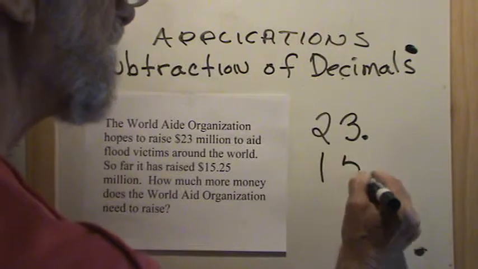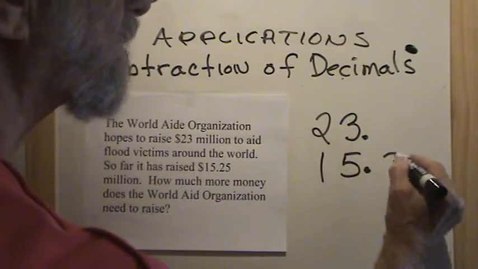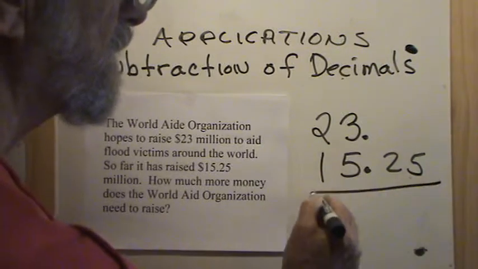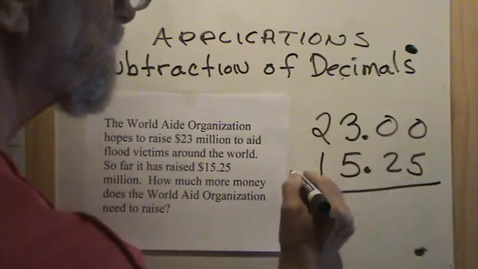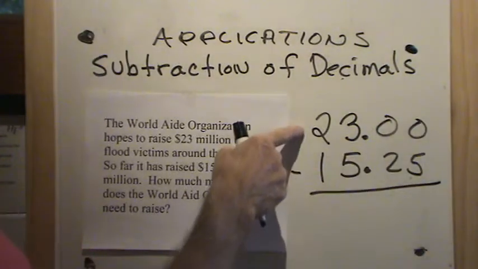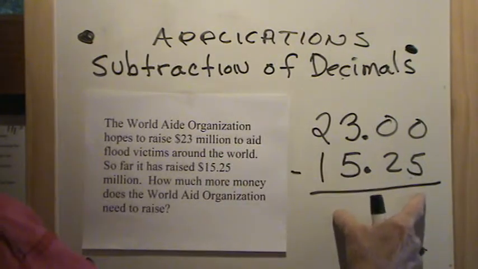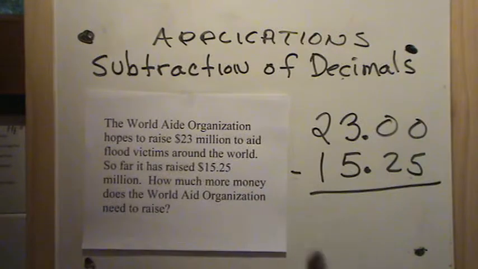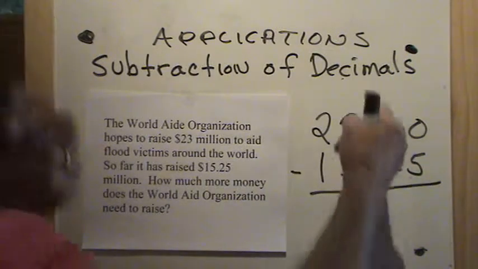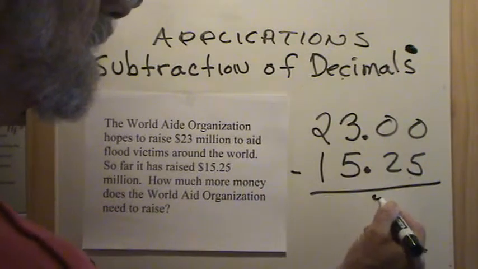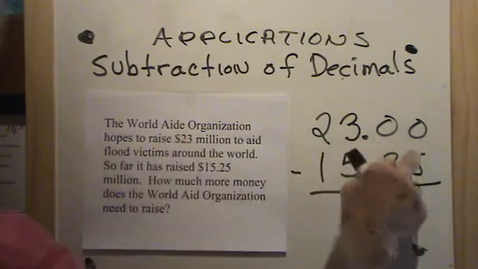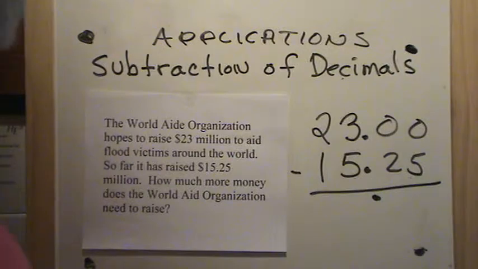Now 15 and 25 hundredths million dollars. Put my place values here. So if they want to raise this amount and they've raised this amount, if I subtract this from this, that'll tell me how much more they have to raise. So I've lined up my decimals. I put my decimal point after the whole number, 23, so I'm all set. Now I do the subtraction.